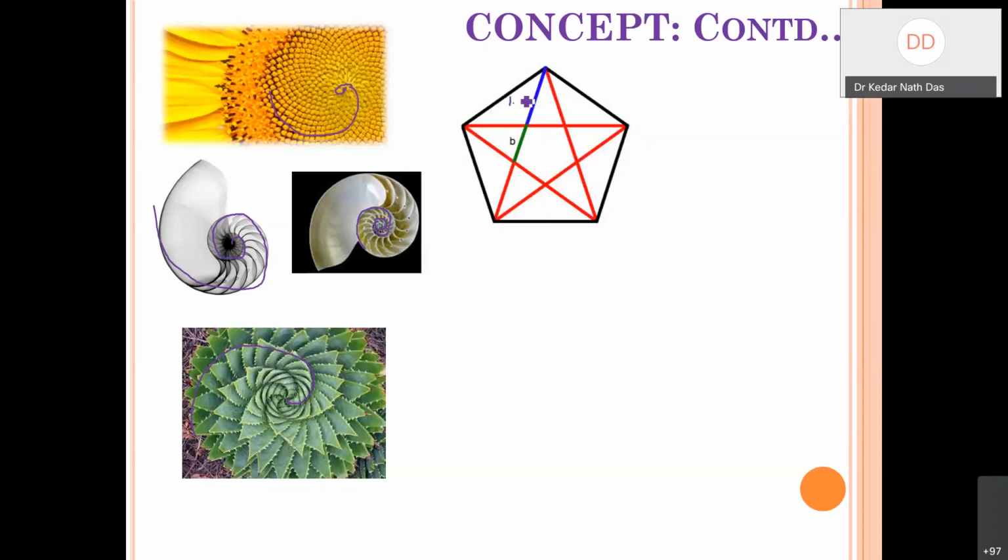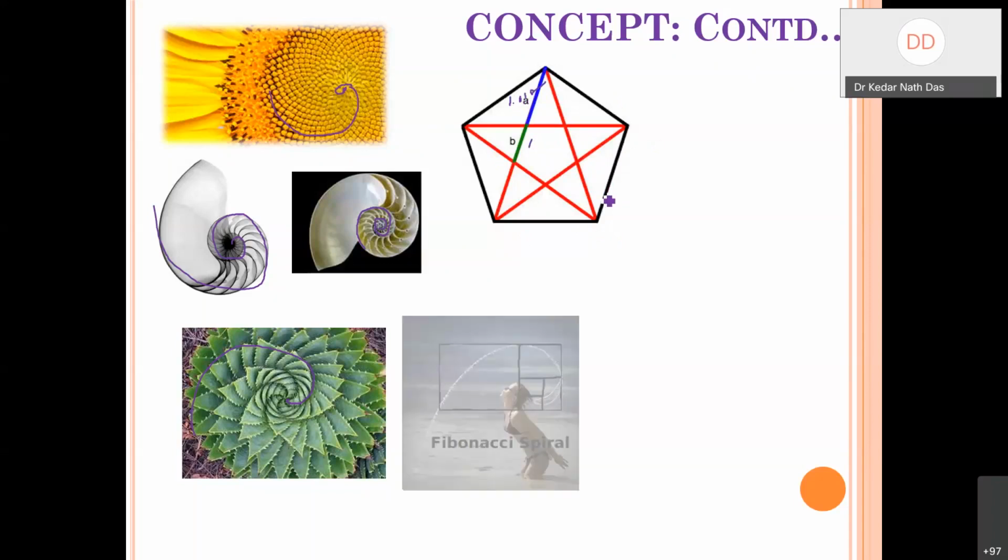If this is 1.618, then I will have the value 1 here. So it is in the ratio of 1:1.618. Similarly, if I see hair coming out from the water after the bath, we can have a pattern like this. It also makes a Fibonacci spiral structure.